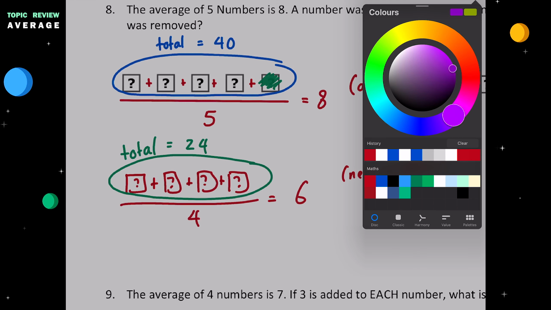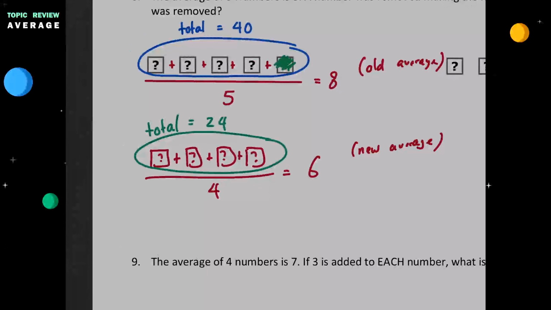Let's try purple. So we know the total of the 4 numbers is 24. These 4 numbers are the same 4 numbers, equal to 24. If you add one more number, you get 40, because the total of all 5 numbers is 40, right?